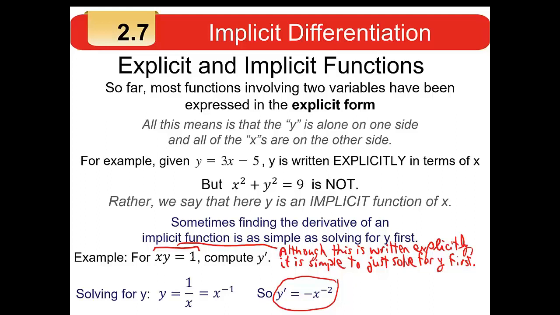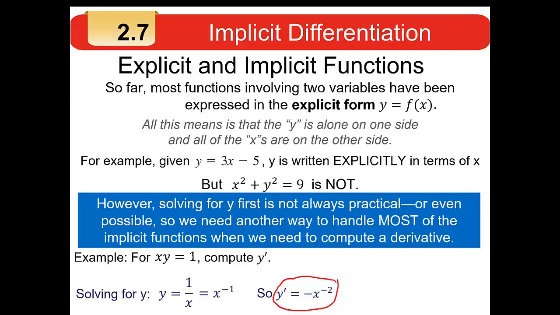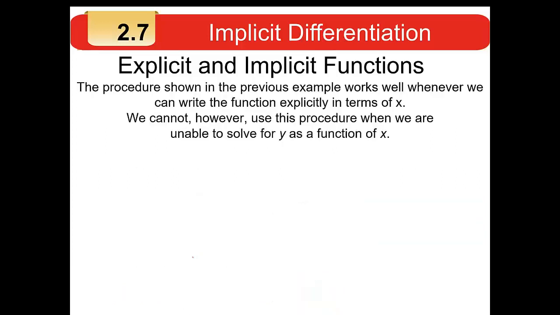So minus 1 is minus 2. All I'm pointing out here is if you have a really easy way of solving for y, even if the function is written implicitly, you can solve for y and then do what you already know how to do. That doesn't happen most of the time, and we need a way to handle the cases where that is not the case.